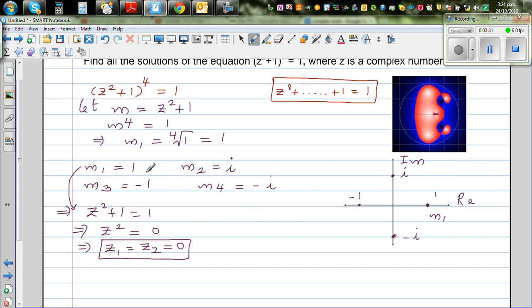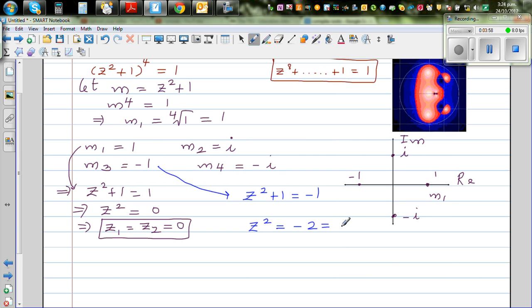So let's take the next root. Let me use a different color for each root. From this, we know m is z squared plus 1. So we can say z squared plus 1 is equal to minus 1. Taking away 1 from both sides, z squared is equal to minus 2. And minus 2 can be written as 2i squared, because i is the square root of negative 1, and so i squared is negative 1.